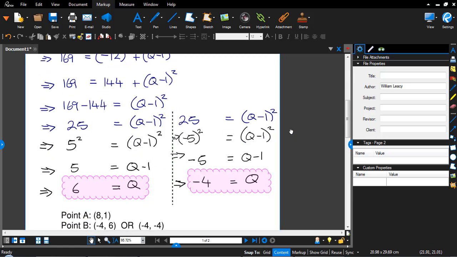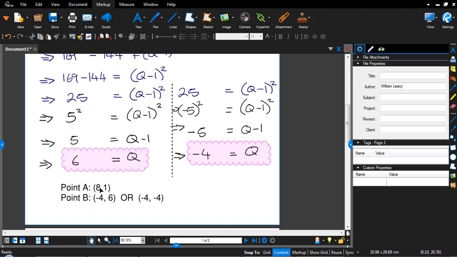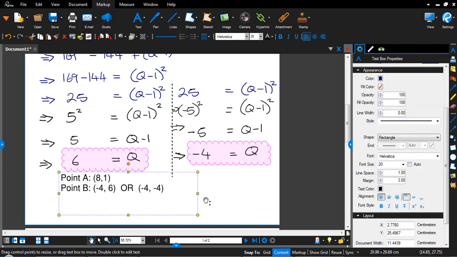So that works. Here, the gap between 8 and negative 4 is 12. 12 squared is 144. The gap between 1 and negative 4 is 5. 5 squared is 25. 144 plus 25 is 169. The square root is 13. So both of those points work.